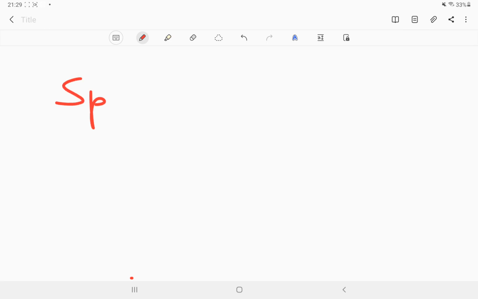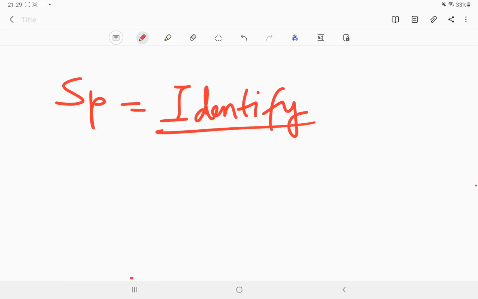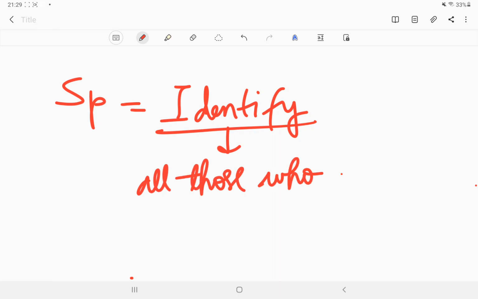Okay, so what is specificity? Specificity is the ability of a screening test to identify correctly all those who do not have the disease. यानी कि the specificity of a screening test tells you, or basically it identifies all those who don't have the disease.